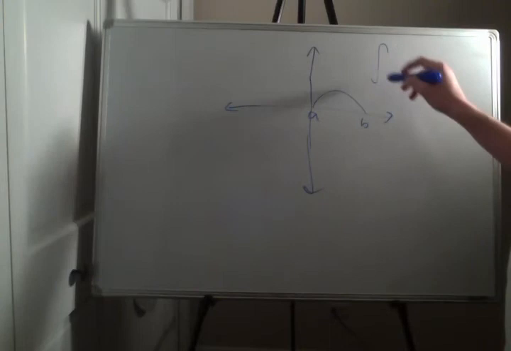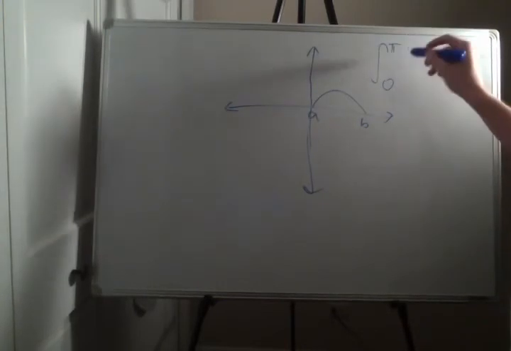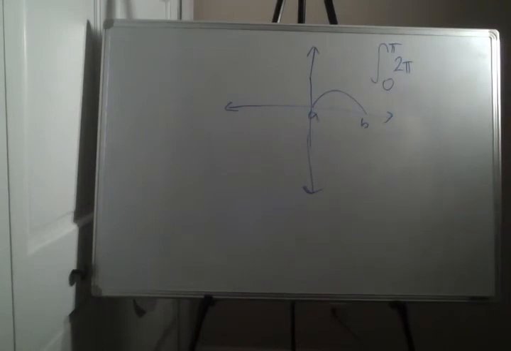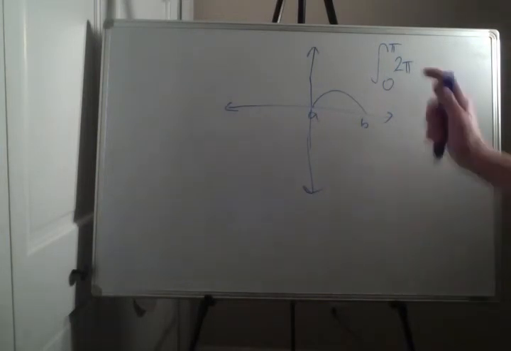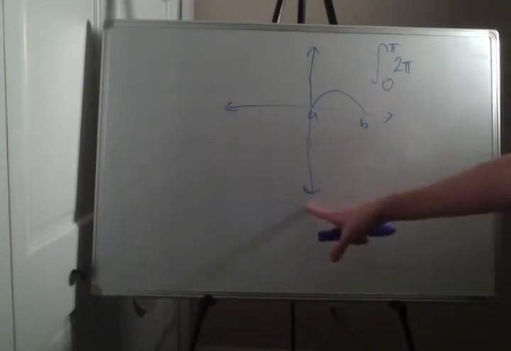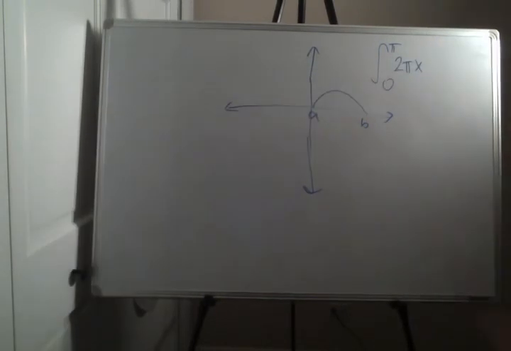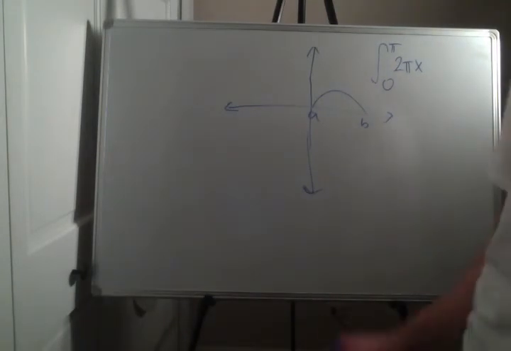So for this exact one, we're going to take the integral from 0 to pi of 2 pi times the radius. Now this radius is a little different from before. Most of the time, when you are rotating it around the y-axis, this is going to simply just be x. However, there are times it won't be.